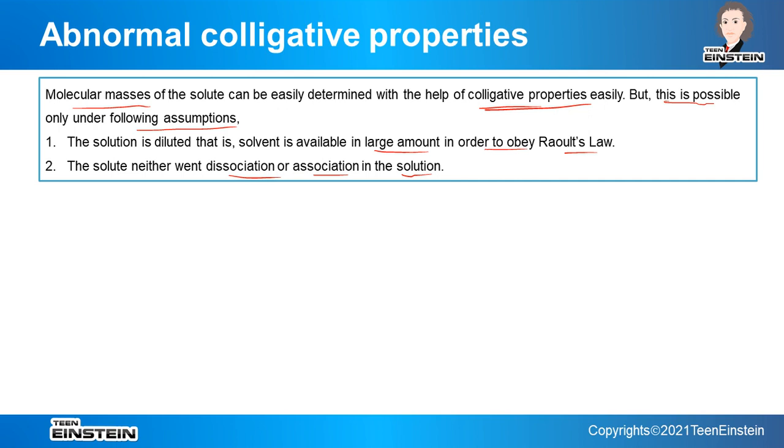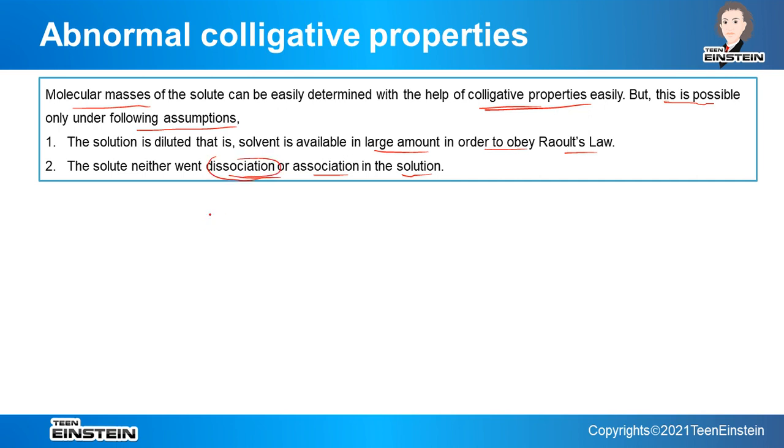So before putting the solute in the solution there is no dissociation or association, but after dissolving it in the solvent, the number of particles will decrease or increase. It will decrease if there is association, but it will increase if there is dissociation.